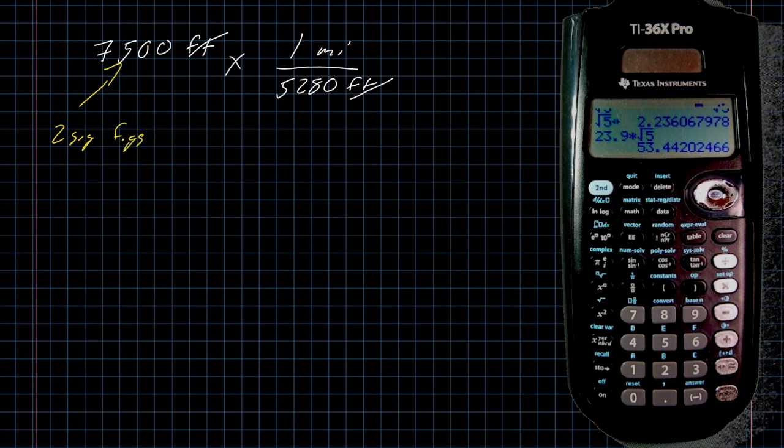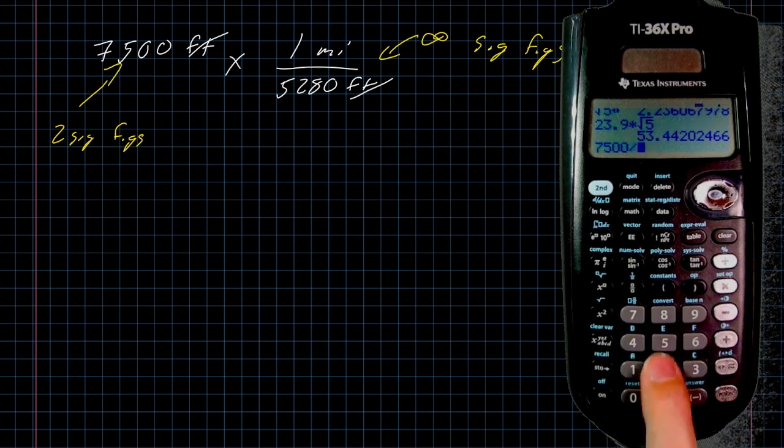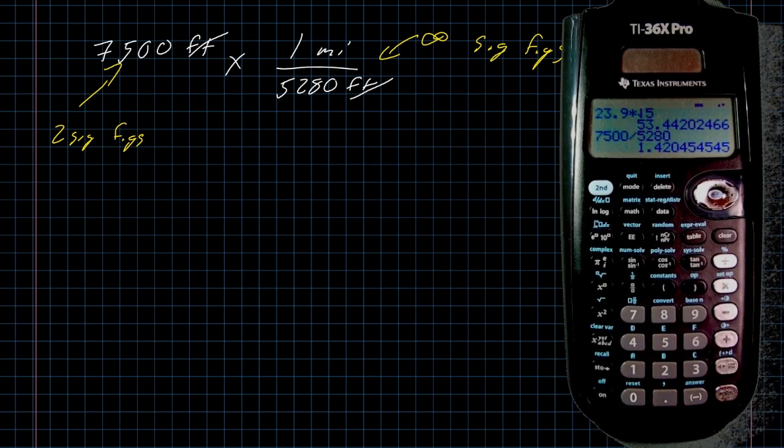And then over here, I have a conversion factor. Conversion factors are exact. So that has infinitely many sig figs. When I punch it into my calculator, I get this horrible decimal approximation. The worst case scenario is this 2 sig figs. I write it as 1.4 miles.